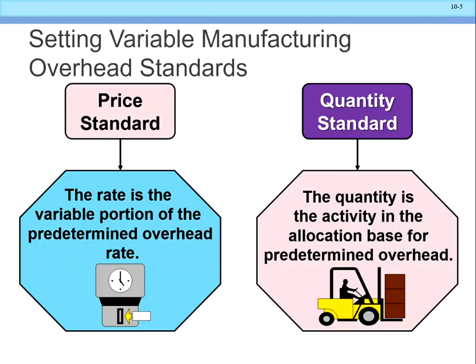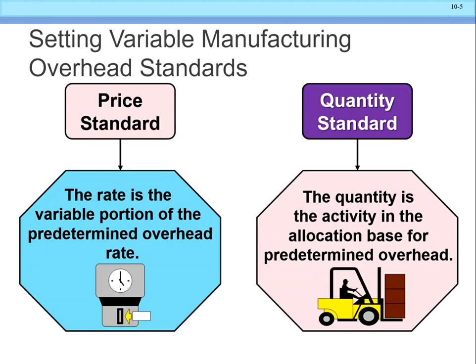Okay, so manufacturing overhead standards are normally dependent on labor. Again, the rate is the variable portion of the predetermined overhead rate. Then the standard quantity is the activity or the allocation base for predetermined overheads. Basically, we talked about a product being made up of three elements: direct materials, direct labor, and manufacturing overheads.